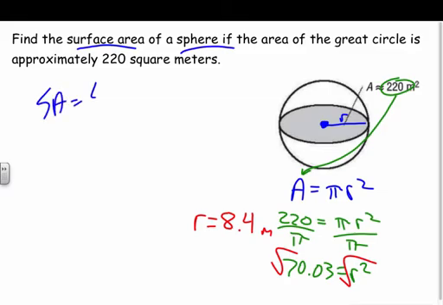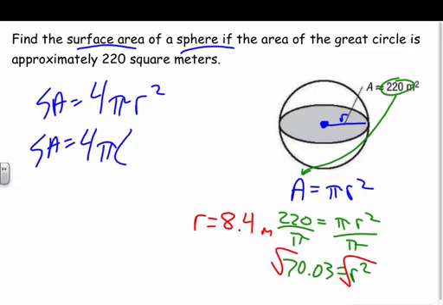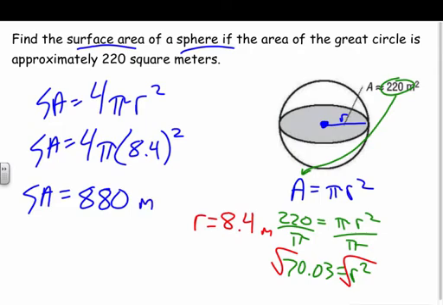So going back, using our formula, 4 pi r squared, plug in the radius that we just found, 8.4 squared. And when I type this all in, squared times pi times 4, we get about 880 square meters, or meters squared for surface area.